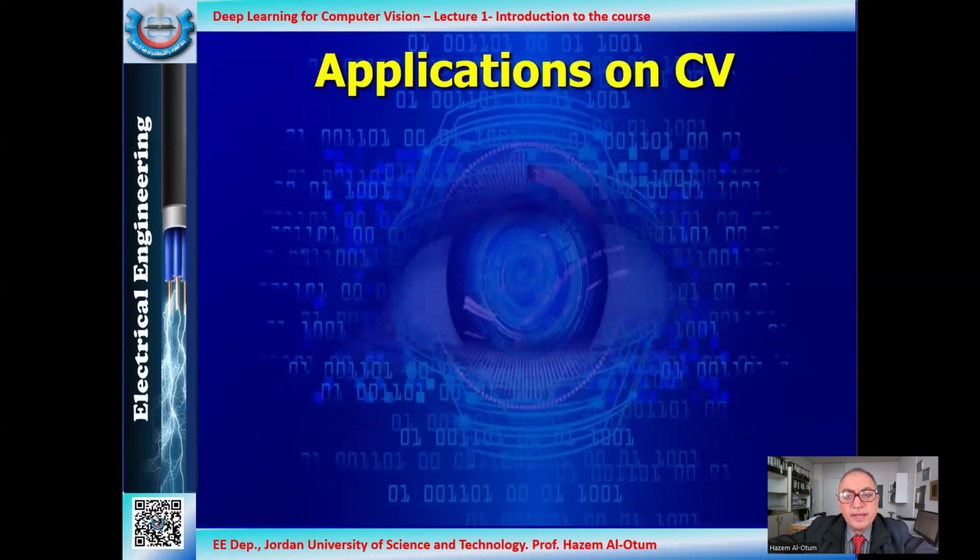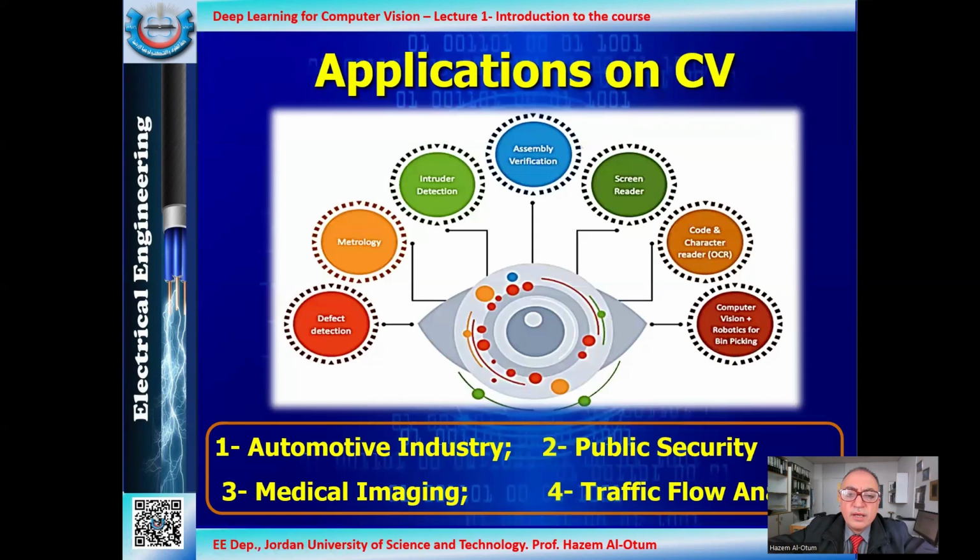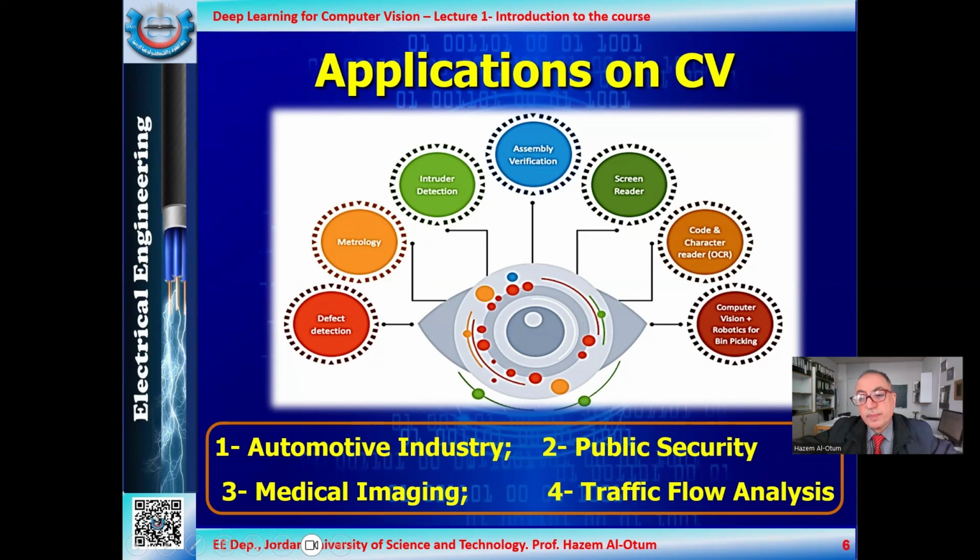Where can we find applications of computer vision? Actually, you can find a very wide spectrum of applications of computer vision. For example, in the automotive industry, in public security, in medical imaging, in traffic flow analysis. In general, if we start with this chart, we can see that we can use computer vision for defect detection.